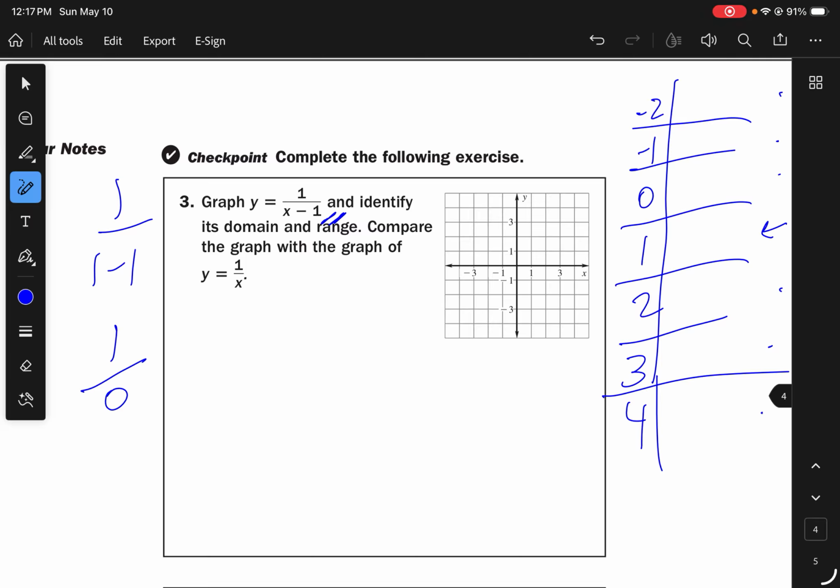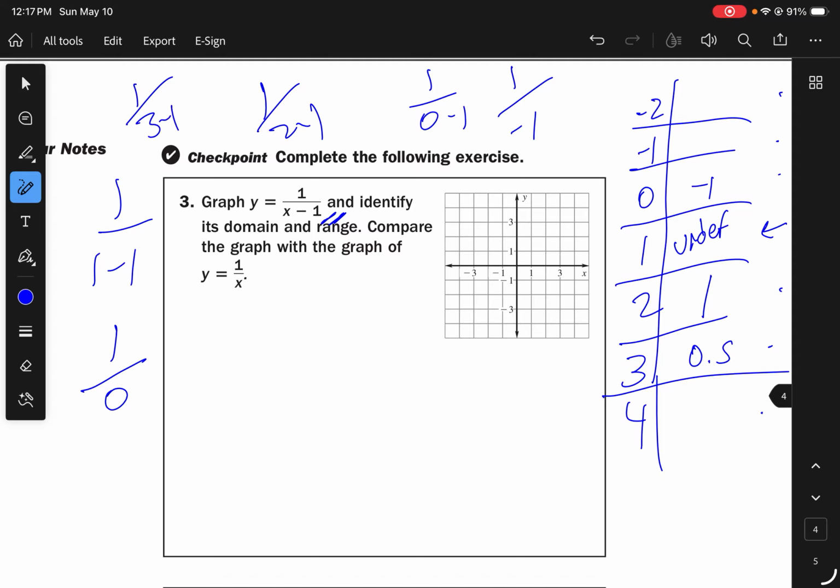So if you're using your 5 points on your homework, be strategic on what 5 points you're actually going to use. So we're going to have undefined here. The 0 would be 1 over 0 minus 1. So 1 over -1, we're going to have -1 here. Here we're going to have 1 over 2 minus 1. 1 over 1 gives us 1. At 3, we're going to be at 0.5. 1 over 3 minus 1 gives us that 1/2.